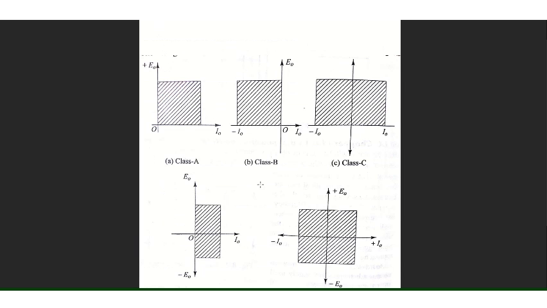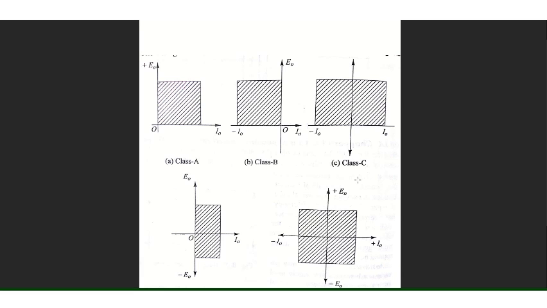As indicated here in the figure, the class A and class B categories fall into one quadrant choppers, or first quadrant choppers, where the output voltage and current both will be positive.